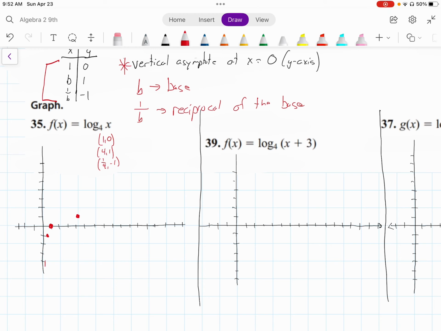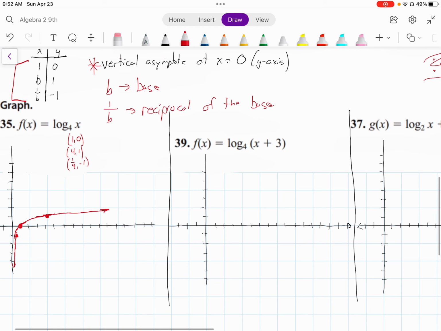We know that the y-axis is a vertical asymptote, so we can use those 3 points. If you catch on to this stuff, there's also one at 16, 2, but that's way out there. So there is number 35. Now, the way this is set up, it looks like 39 is next, but it's not.